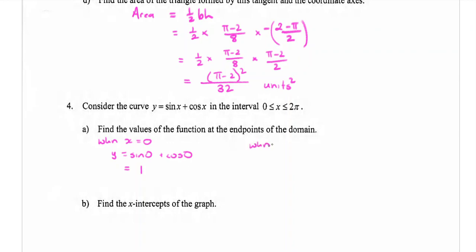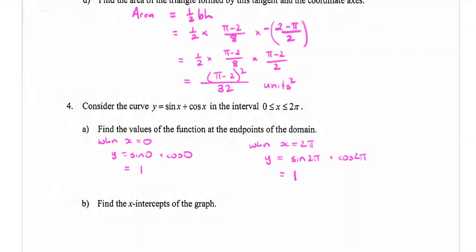Then we sub in the other endpoint, which is 2 pi, and we have y equals sine of 2 pi plus cos of 2 pi. Again, sine of 2 pi is 0. It's the cos of 2 pi that has something, and it's 1 again, because both of those curves start and end at the same point, basically, for the 0 to 2 pi domain.